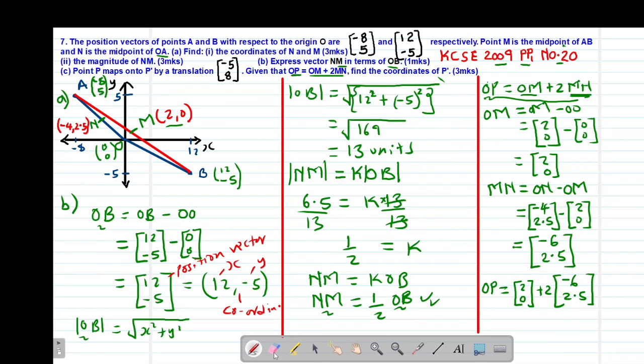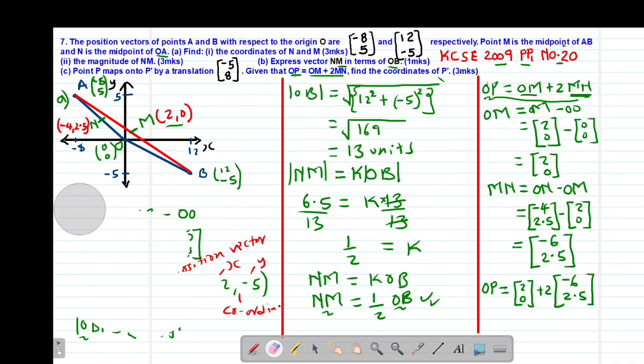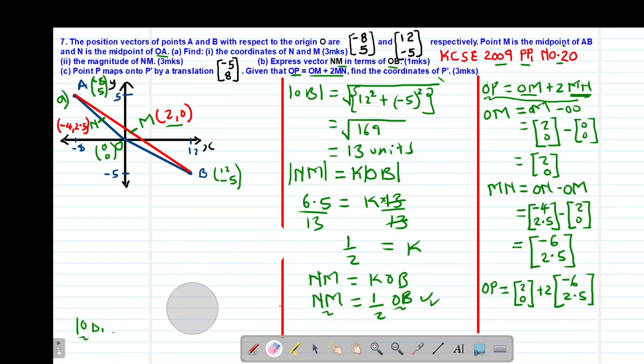So if I open this bracket, I'm going to have OP being equal to 2, 0, then we are going to add 2 multiplied by -6, I'm going to get -12. Then 2 multiplied by 2.5, I'm going to get +5.